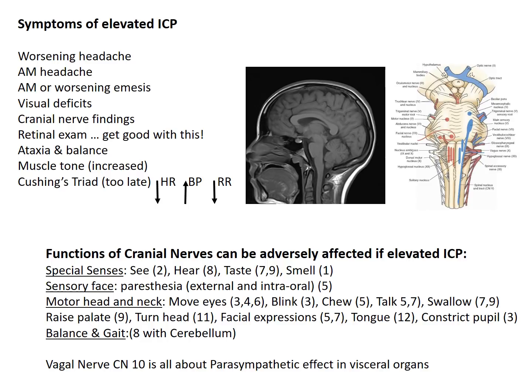So look at the MRI. You can see the brainstem. Can you see all that? You can see the spinal cord coming up into the skull at the foramen magnum. Then you can see the medulla, the pons, and the midbrain, the three components of the brainstem.